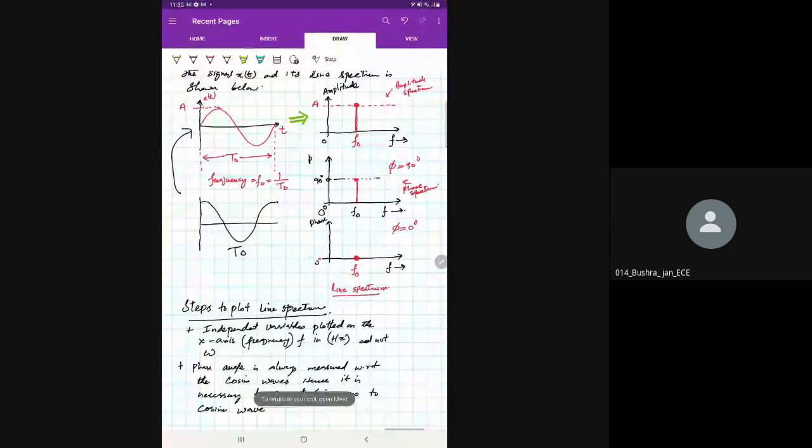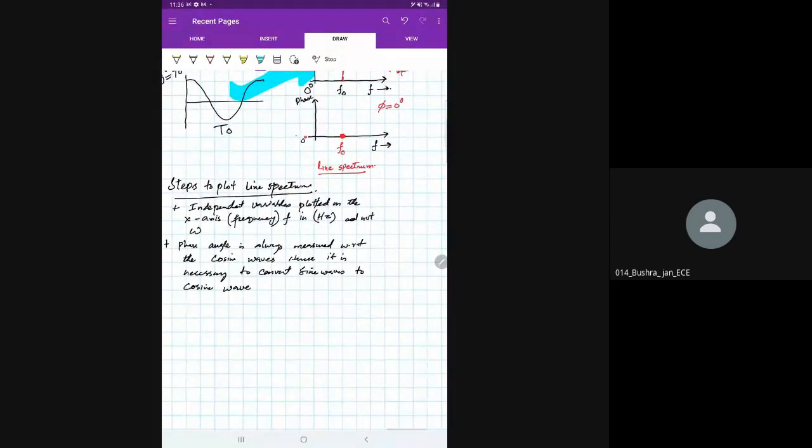If you compare these two waves, one is the sine wave at the top whose line spectrum we had to plot. But since line spectrum is always plotted with respect to cosine wave, what is the phase difference between sine wave and cosine wave? It is 90 degree. That is why I mentioned here that the phase spectrum will have 90 degree, because phase spectrum is always measured with respect to cosine waves.